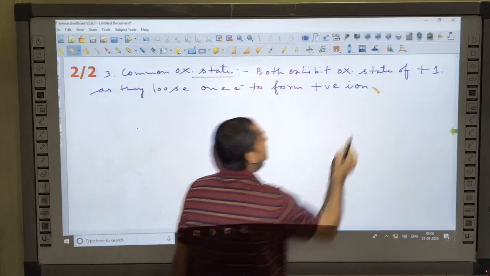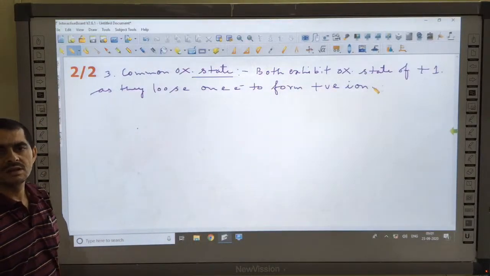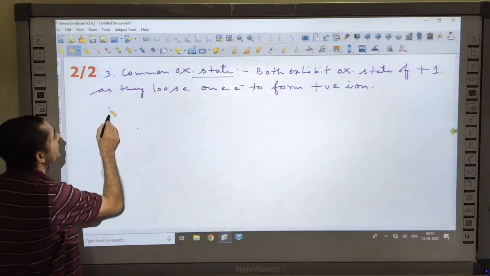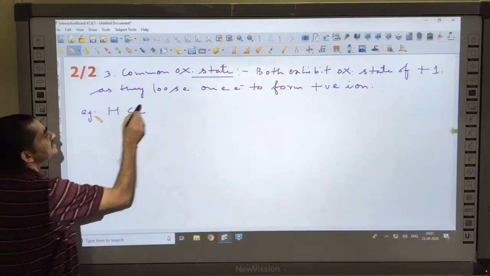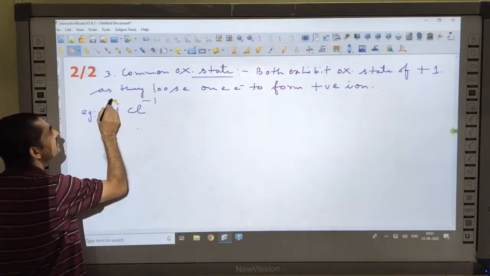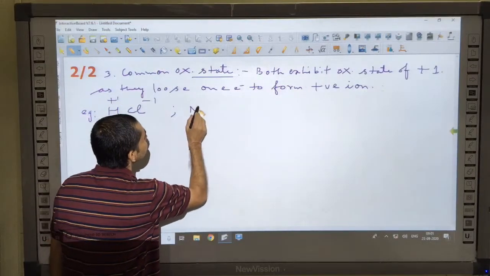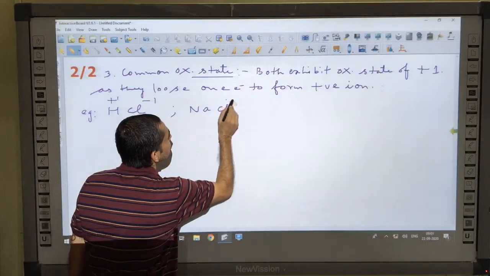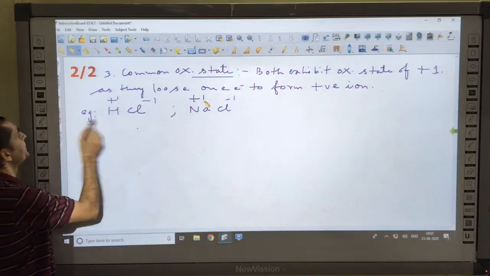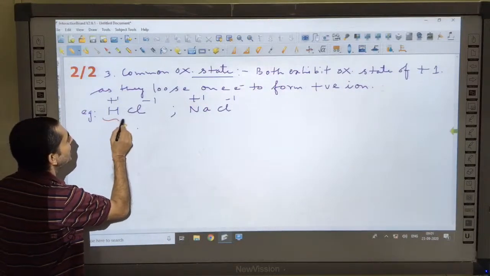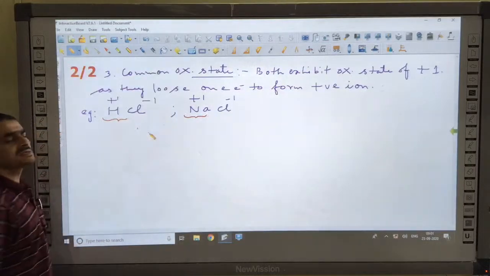So their common oxidation state is +1. For example, if I write HCl, Cl is -1, so this will be +1. Similarly, if you write NaCl, this will be -1, this will be +1. Now you see both hydrogen as well as alkali metal exhibit which oxidation state? +1.